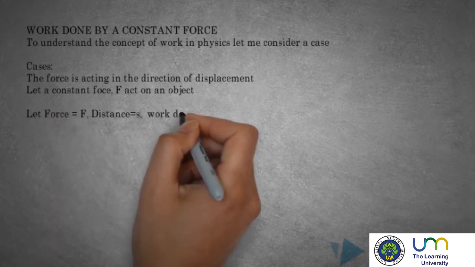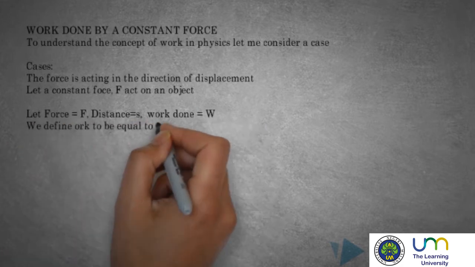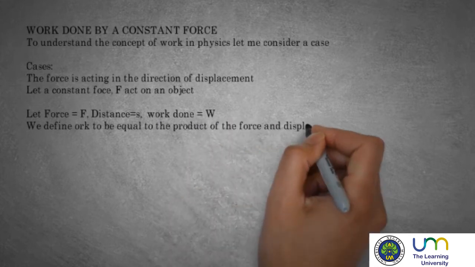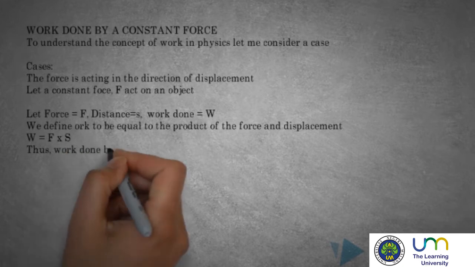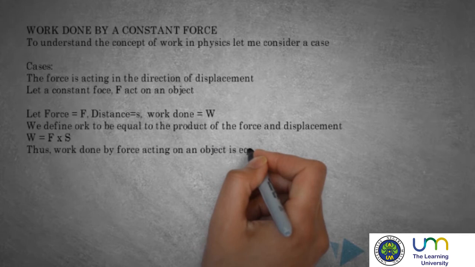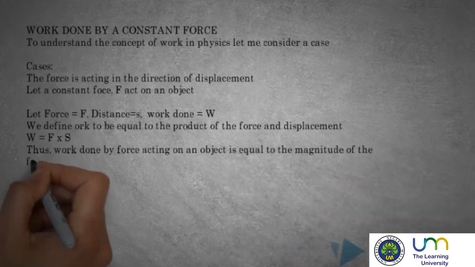We define work to be equal to the product of the force and displacement. W is equal to F times S. Thus, work done by a force acting on an object is equal to the magnitude of the force multiplied by the distance moved in the direction of the force.